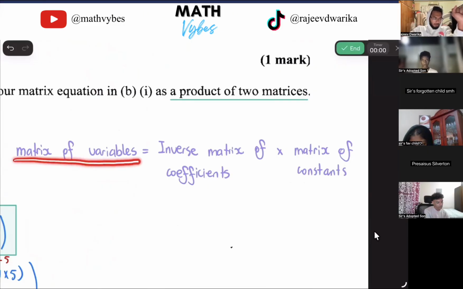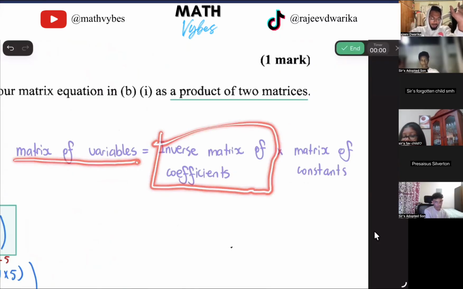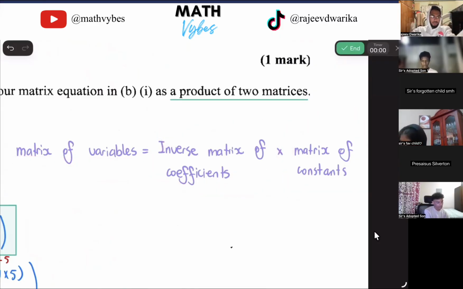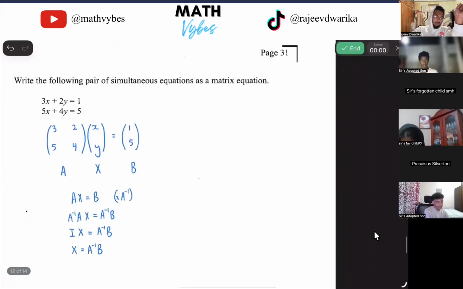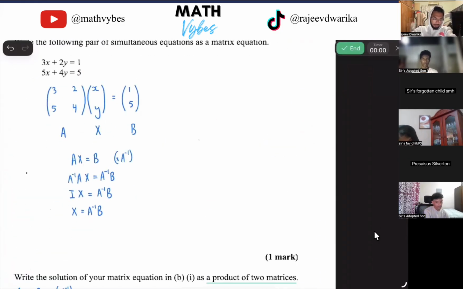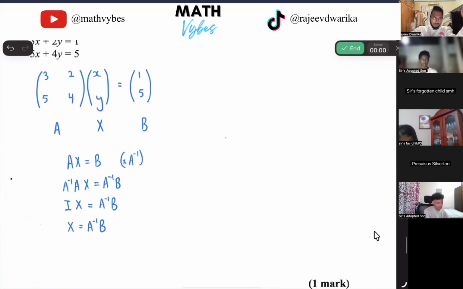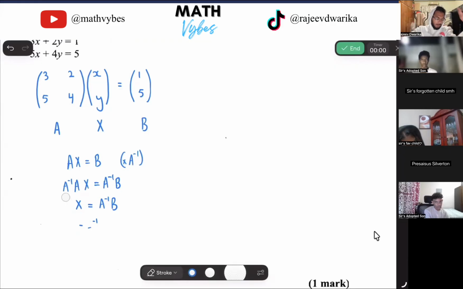The matrix of variables is equal to the inverse matrix of the coefficients multiplied by the matrix of constants. Ria, would you prefer to memorize this or actually learn the procedure? I could do both. All right, well, let me see if you remember the procedure.